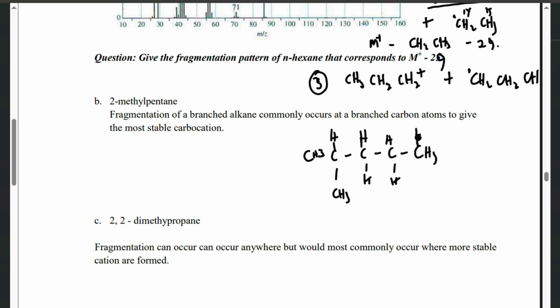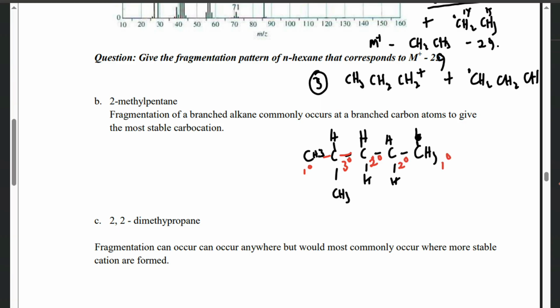This one is a 1 degree carbon. This one is bonded to 1, 2, and 3, so this one is a 3 degree carbon. This one is bonded to 1 and 2, so this one is 2 degree. This one is bonded to a 2 degree, and this one is 1 degree.